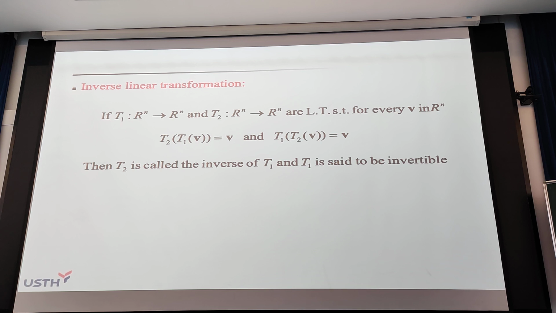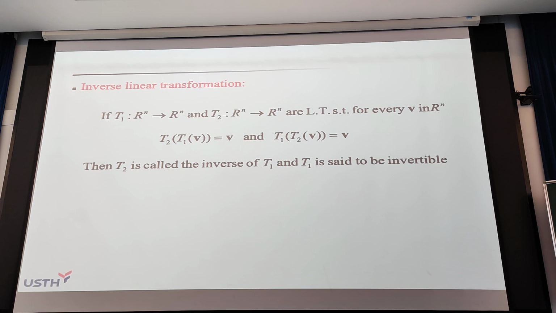The next, that is inverse linear transformation. Inverse mapping, I explained to you from last week already. Now we go into the case when T1 and T2 are linear transformations.